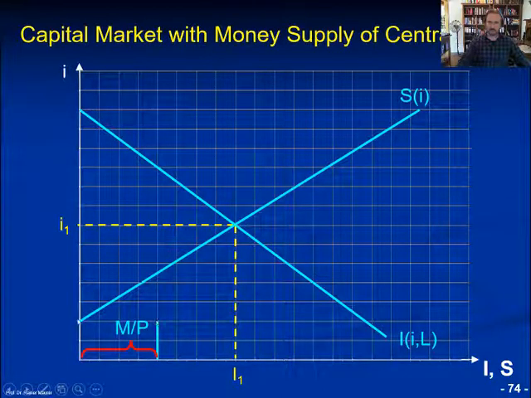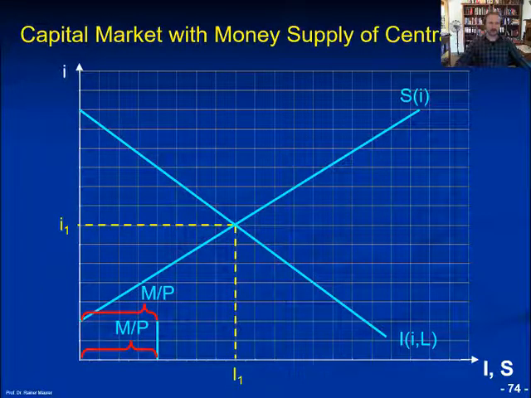From this interest rate level on, we have to add savings supply of households to the real money supply of the central bank. If the interest rate grows further and households start to supply positive savings to the capital market, total credit supply is simply 4 little quads real money supply larger than the savings supply of households.